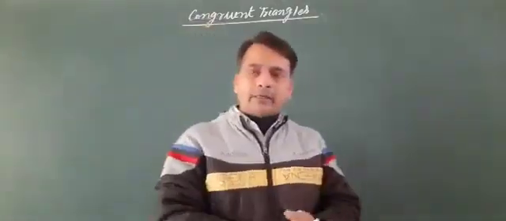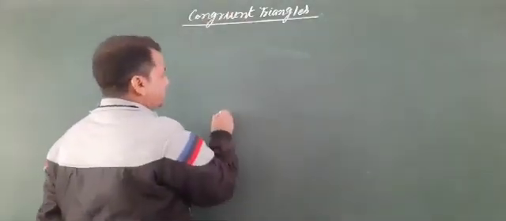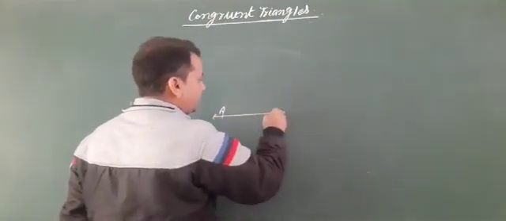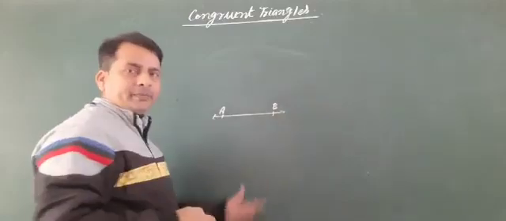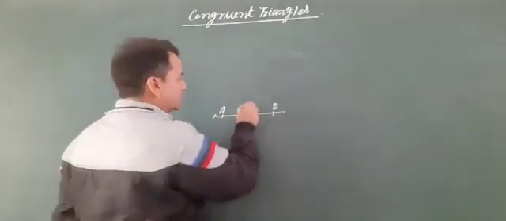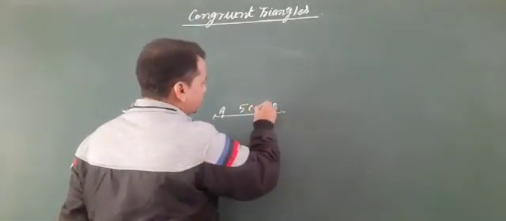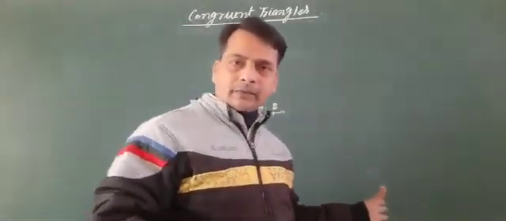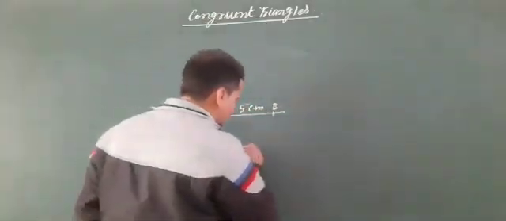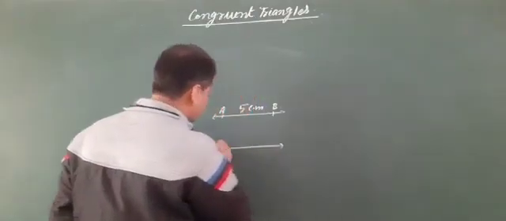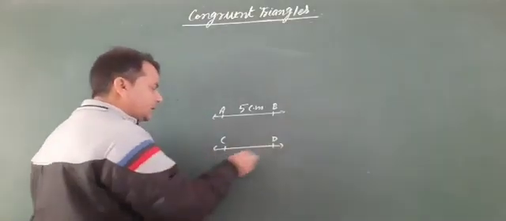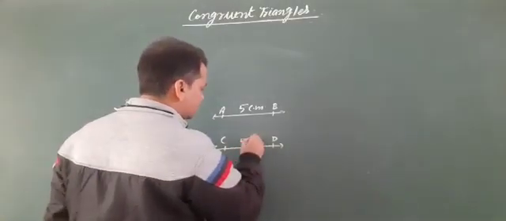Now another example. Suppose a line segment AB, and the length of AB is 5 centimeter. Now another line segment is given, that is CD. The length of CD is also 5 centimeter.